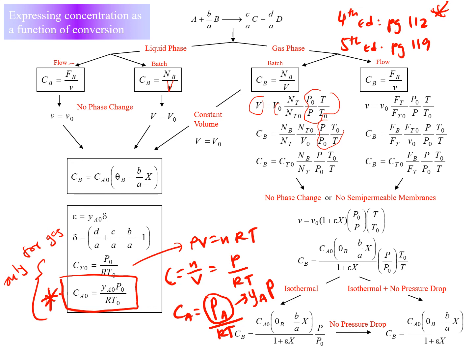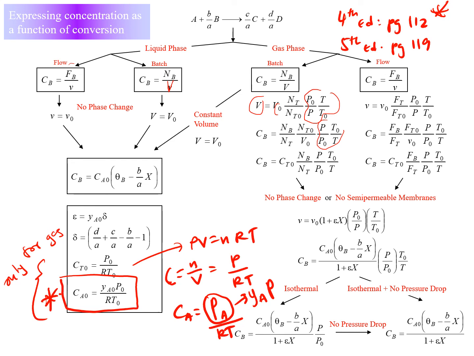Okay, for gas phase, it also has a constant volume and constant volumetric flow rate. So this would be the equation. But for variable volume, we have this one, which is 1 plus epsilon X, and this one we already learned before.